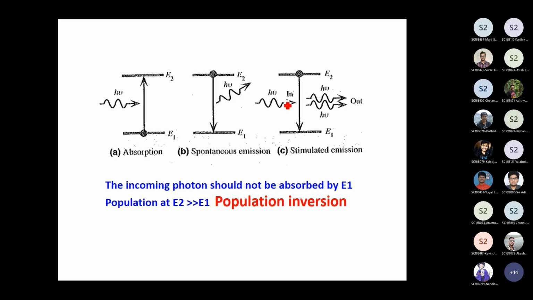This wavy arrow is a photon, which is how photons are usually pictorially represented. This photon would interact with this electron and cause this electron to come back. And in the process, it is going to emit two photons.